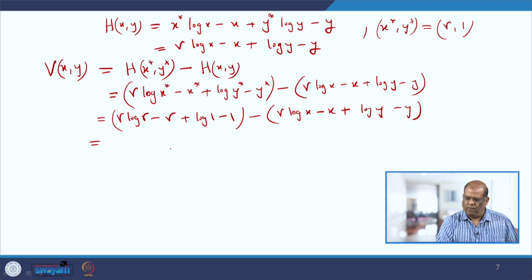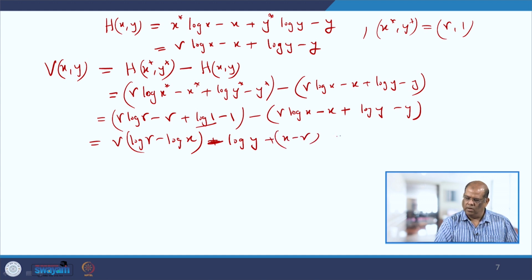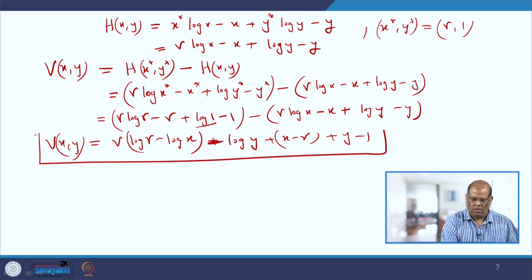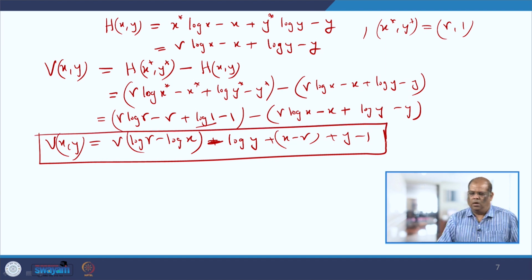So, I have gamma log gamma minus log x minus log y plus x minus gamma plus y minus 1. So, this is your Lyapunov function.